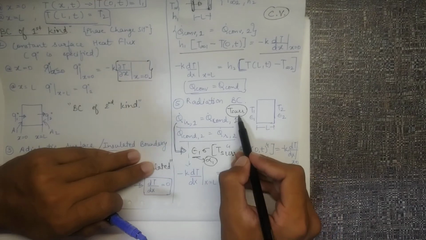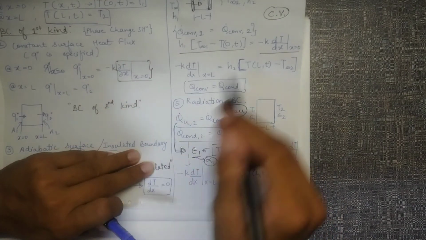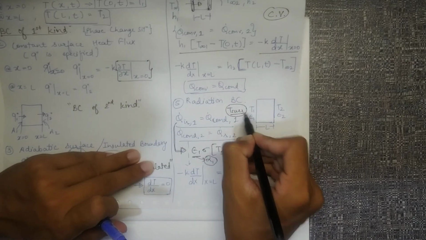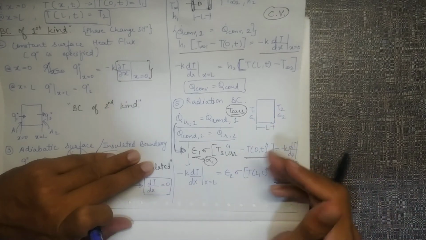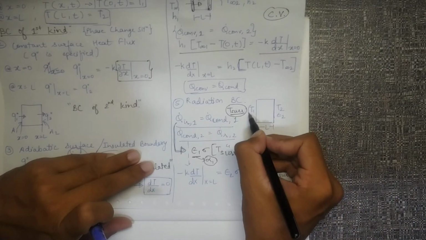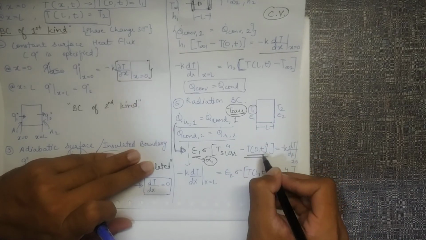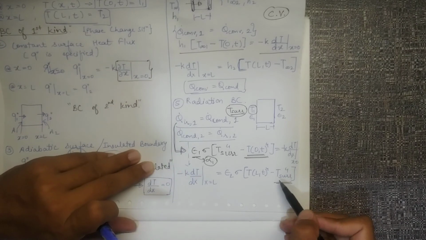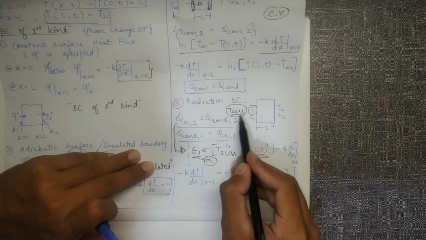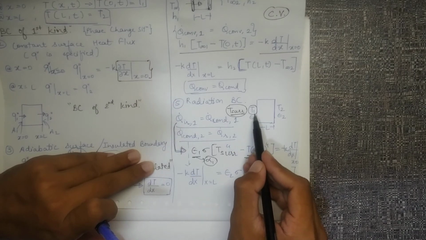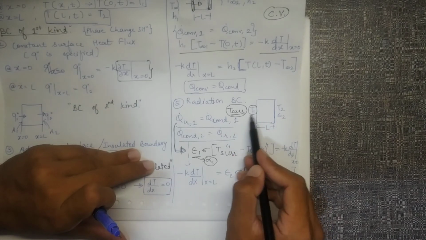This surface will receive the radiation coming from an object which is at temperature T surrounding, but at the same time this surface will also emit as per its temperature T1. So the net heat transfer is receiving from the surroundings at T surrounding minus emitting at surface temperature T1.